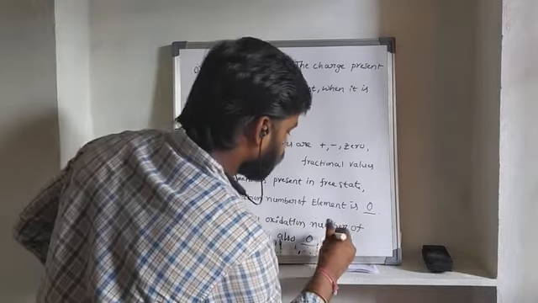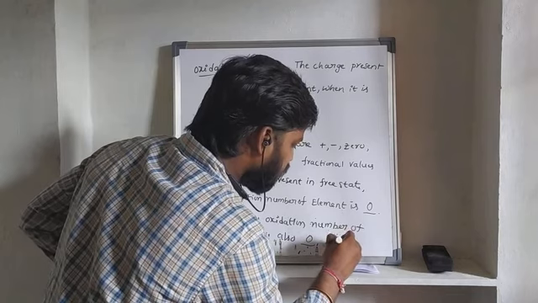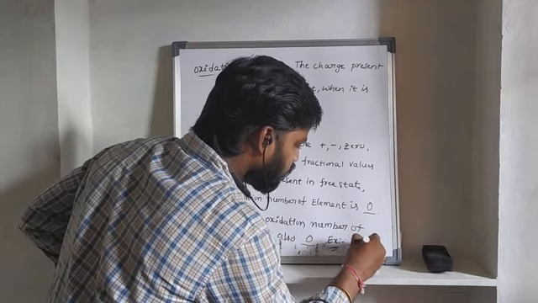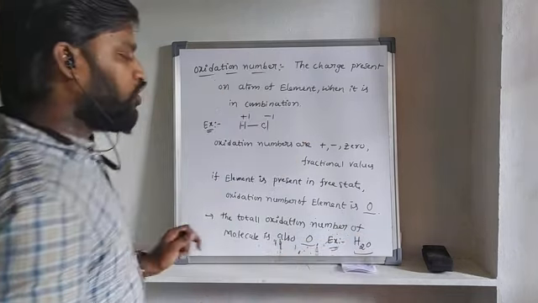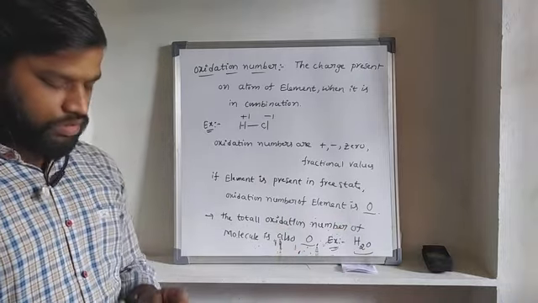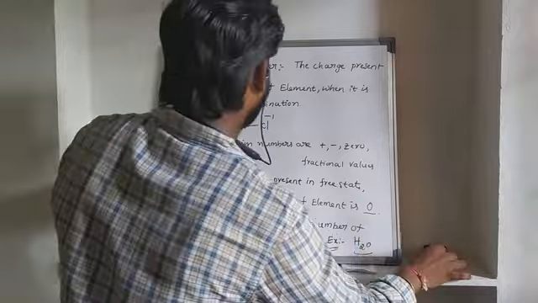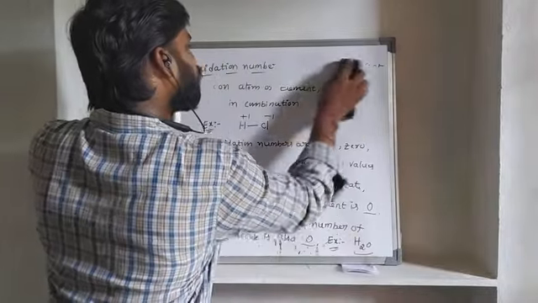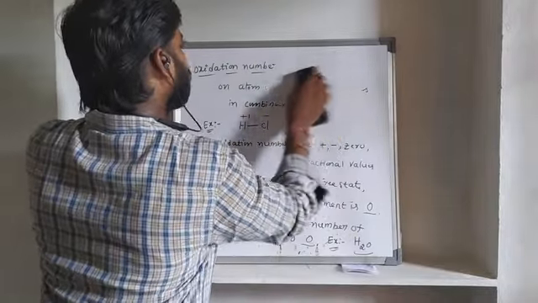For example, H2O molecule. The total oxidation number of H2O molecule is 0. How? Let me explain.